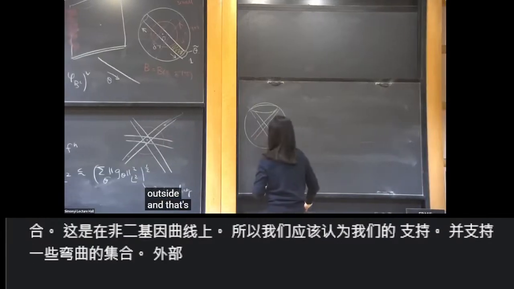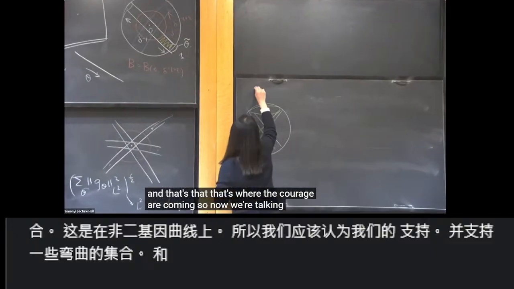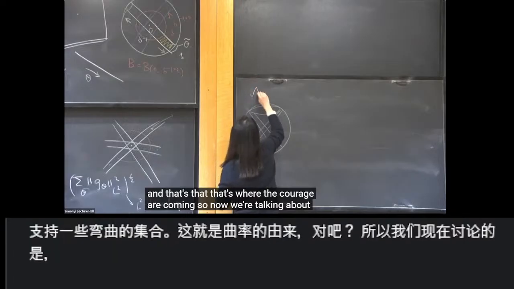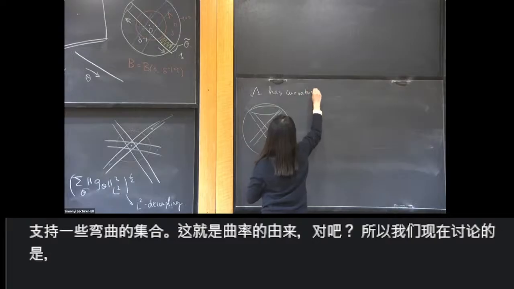And that's where the curvature comes in. Right? So now we're talking about gamma has curvature. Lambda has curvature.